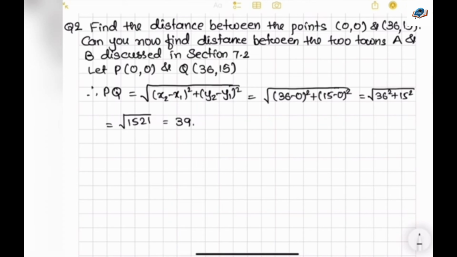Now he is saying, can you find the distance between the two towns A and B discussed in section 7.2?